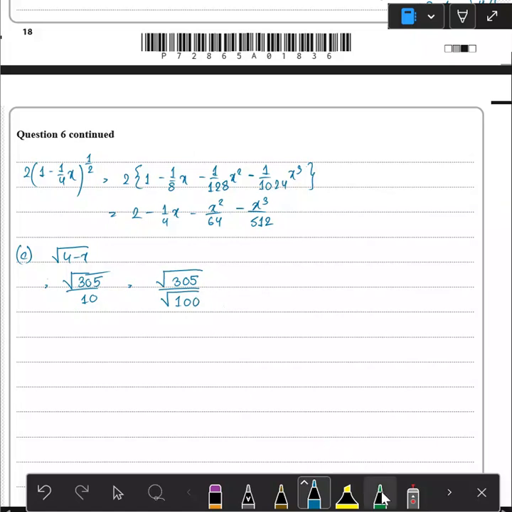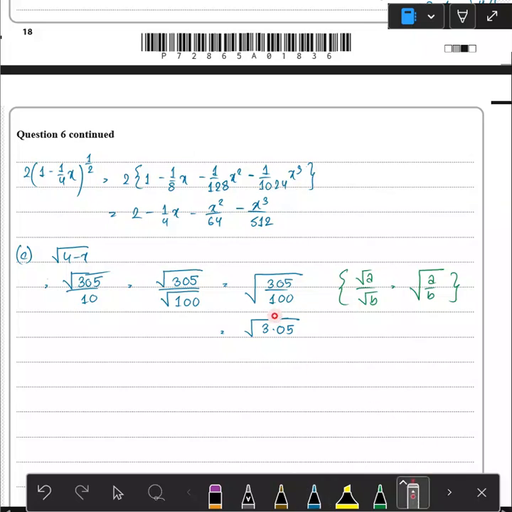The reason I'm doing this is to bring it under one single square root, not in a fraction form. Because we know, for example, root over a by root over b can be written as a single root of a by b. Now 305 by 100 is simply root over 3.05.